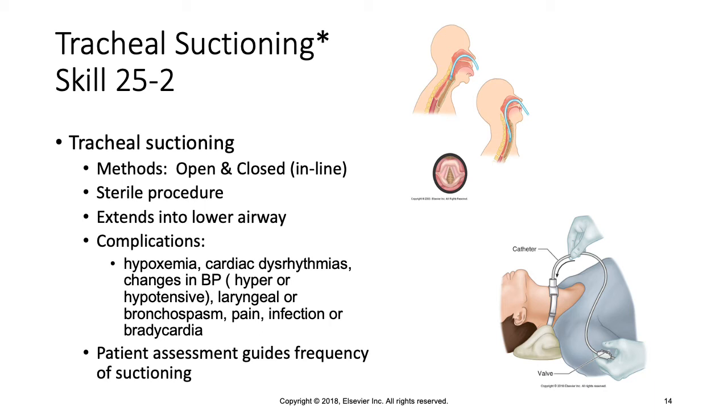There can be pain if the suction pressure is too high, so no more than 100 to 150. The patient will have discomfort, but it shouldn't be painful. So if they are complaining of pain, then you may want to decrease the suction pressure.